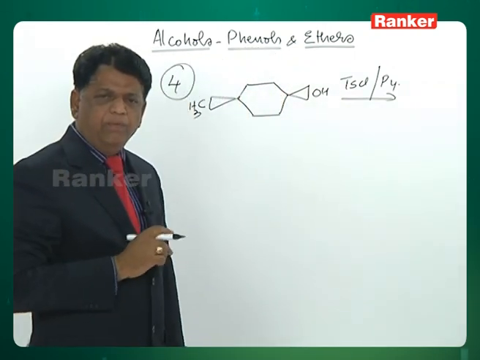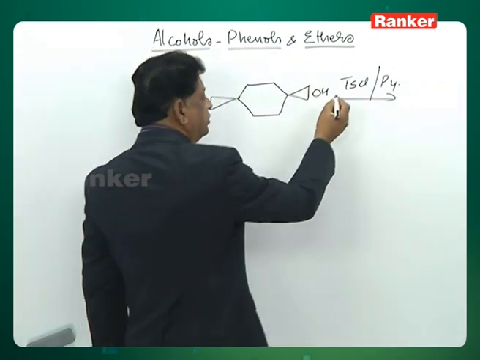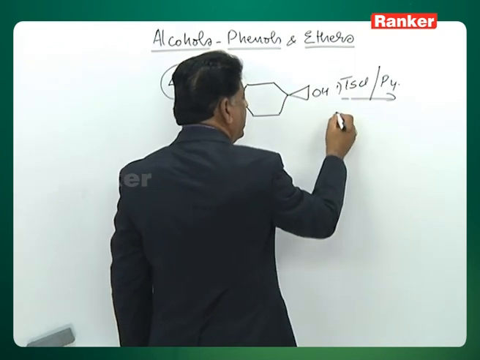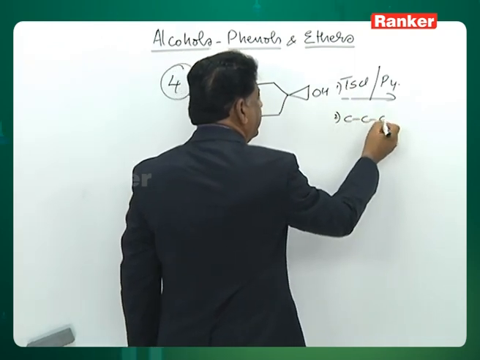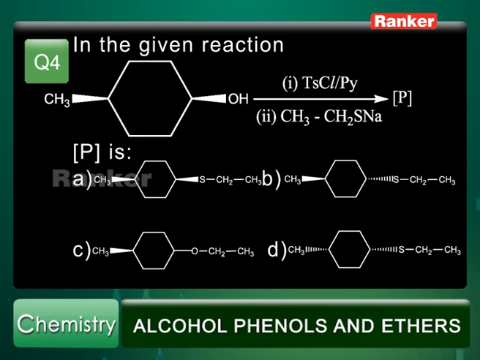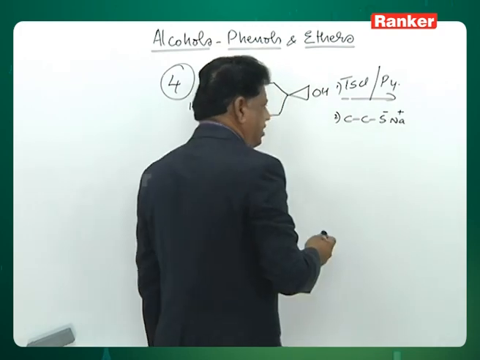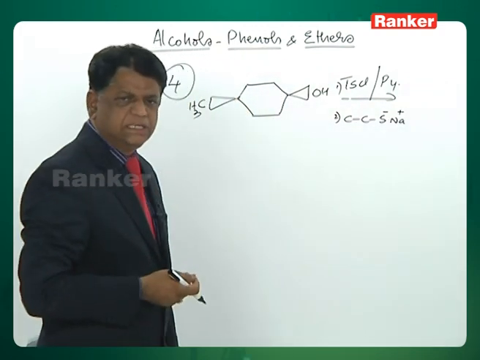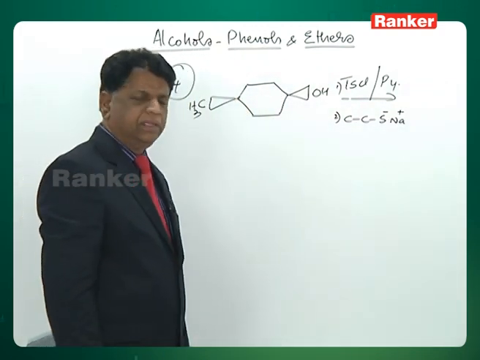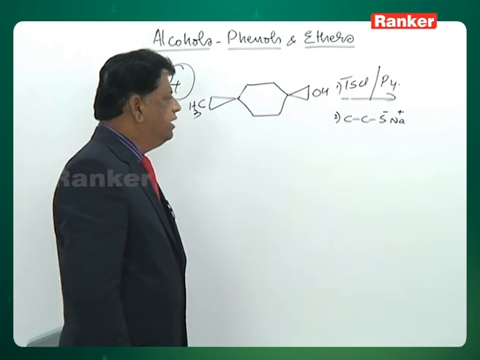And then followed by what? After replacing with tosyl, we have a reagent, the sodium salt of ethyl thioethanol, just like an alkoxide; this is a sulfur anion.